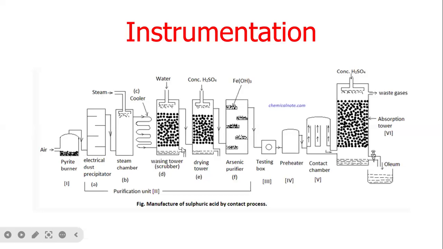It is also called the scrubber, and the sulfur dioxide is passed into the drying tower, where sulfuric acid is passed from the top.